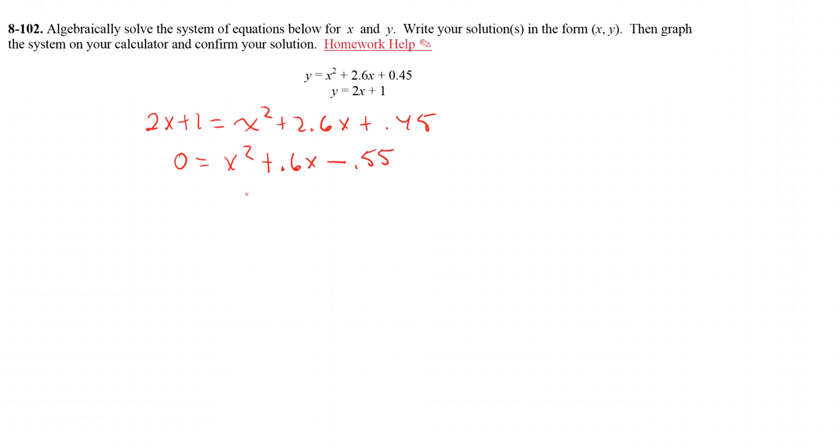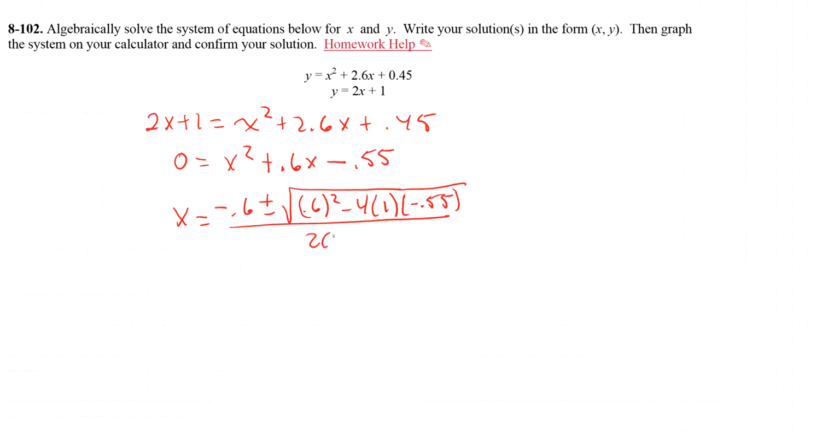So the easiest way here is going to be to use the quadratic formula. So we know that x is going to equal negative 0.6 plus or minus the square root of 0.6 squared minus 4 times 1 times negative 0.55, and then divide by 2 times 1.